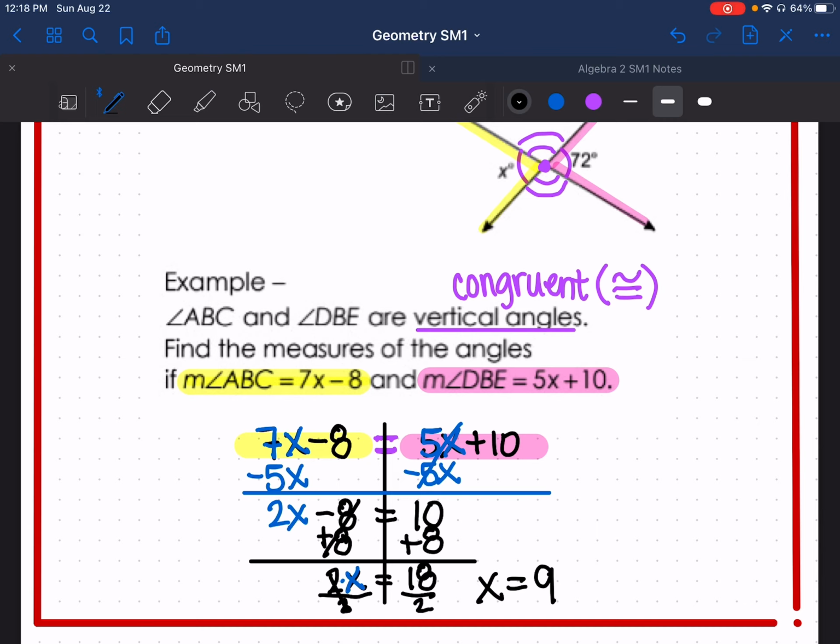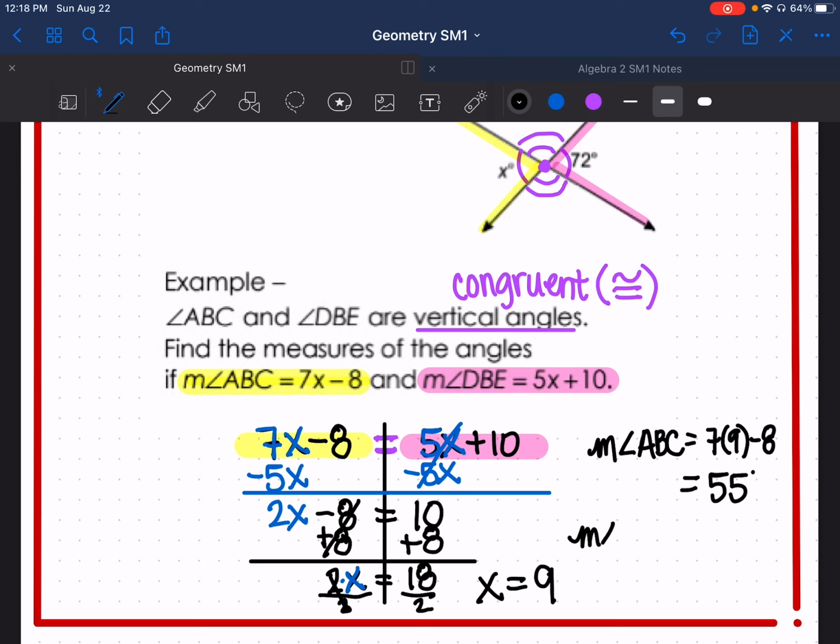What did they ask me to do? Find the measures of the angles. Let's plug it back in. The measure of angle ABC would be 7 times 9 minus 8, which equals 55 degrees.